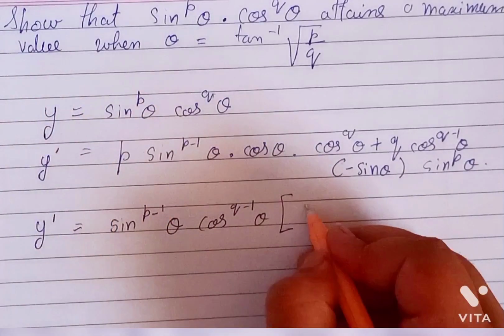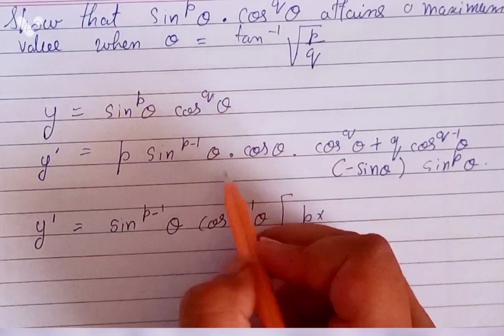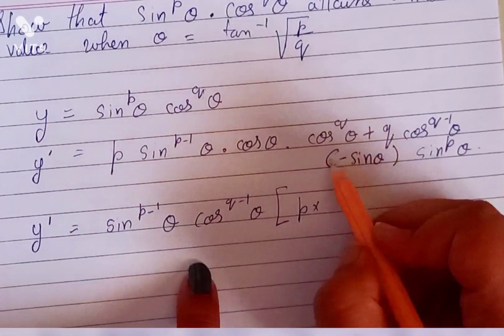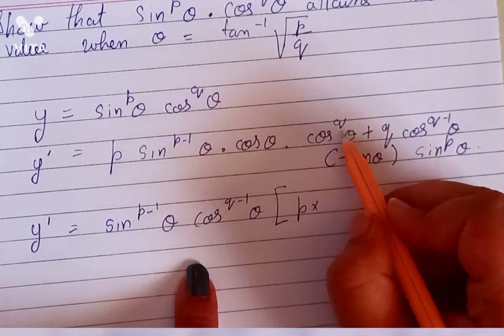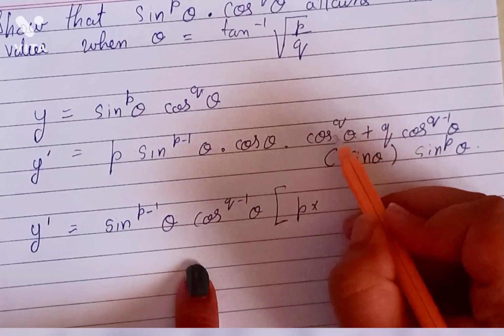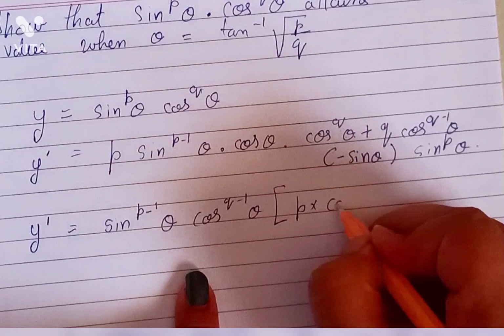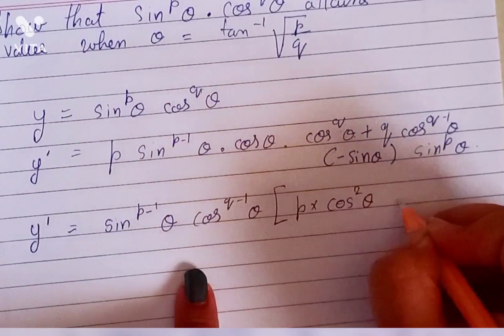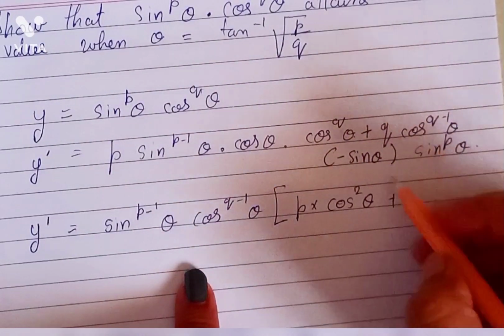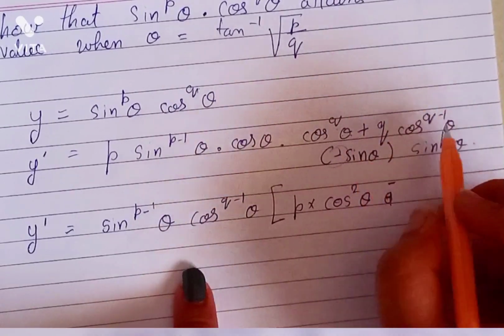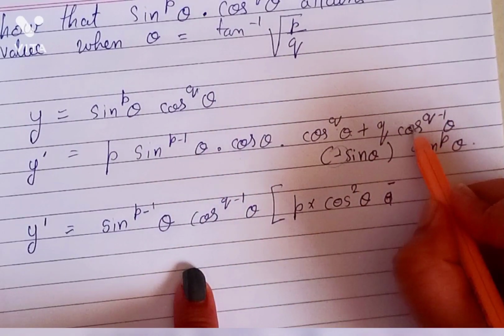Now inside it is left with p into, this is cos theta, and from here we have taken cos q minus 1. So from here one cos theta is left and one cos theta is there. Means cos square theta plus, this sign is there, so I'll put negative only over here. So negative. Then I have taken this as common, so this won't come.